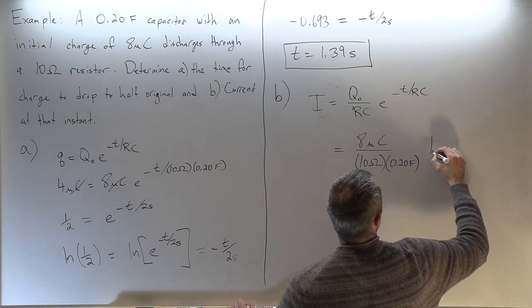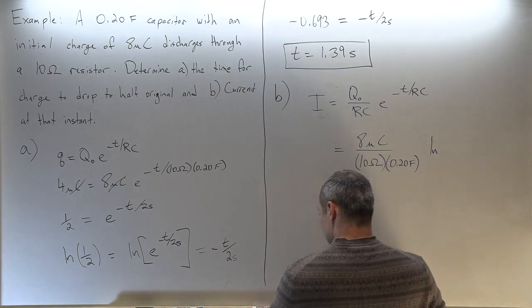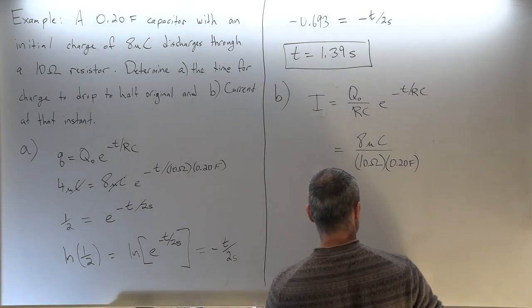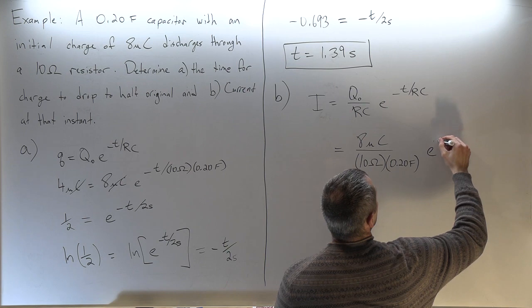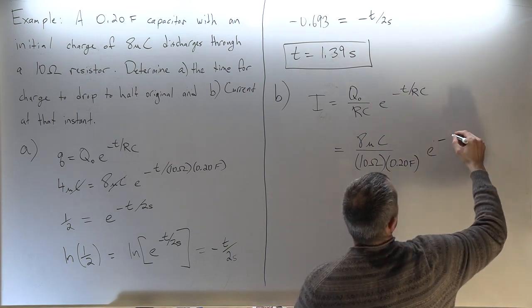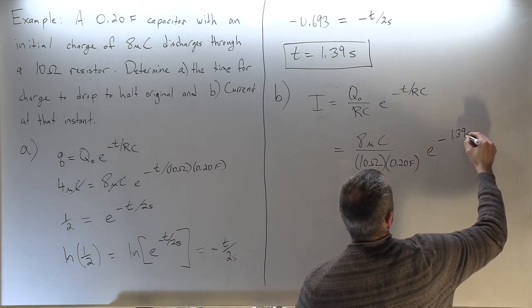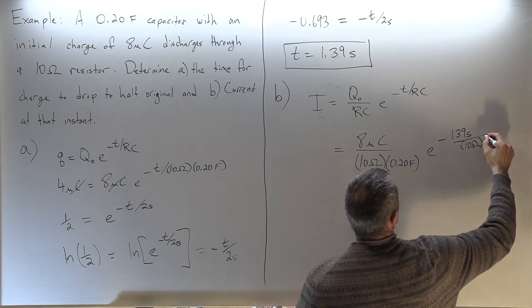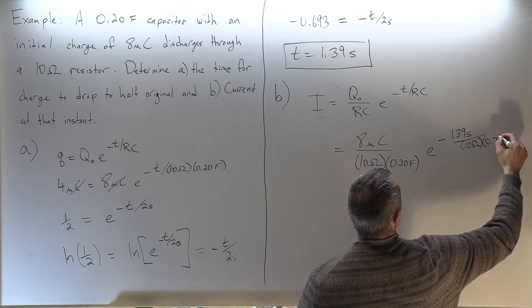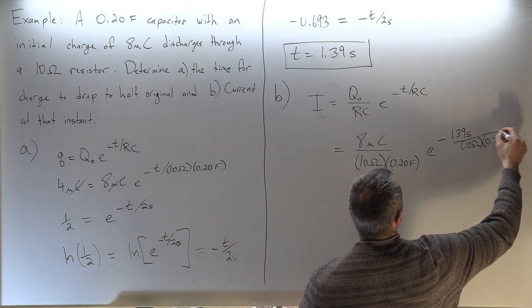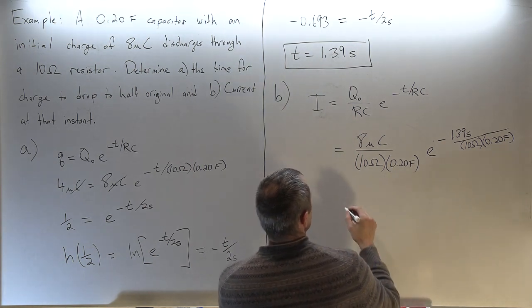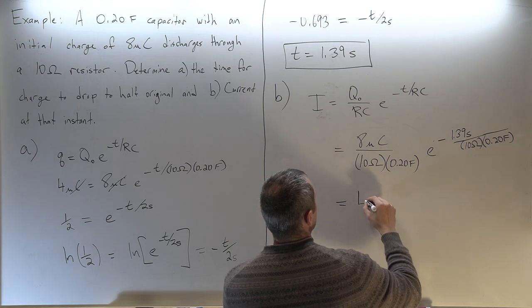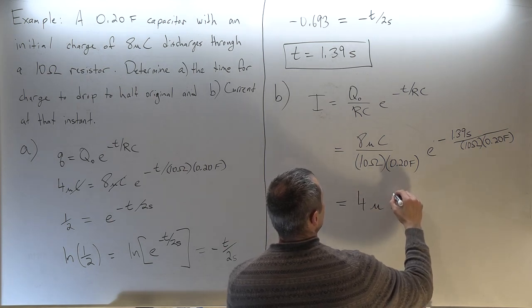And then e to the minus 1.39 seconds over RC, and that comes out to be 4 microamps.